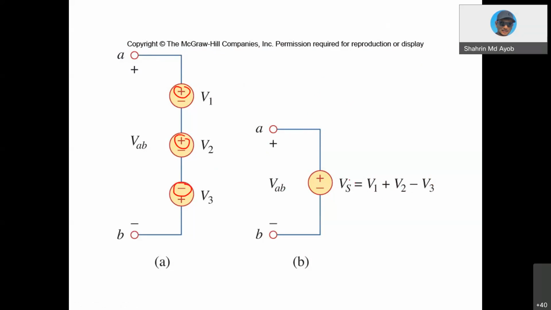So you can simplify this circuit by having only a single source using this formula: V1 plus V2 negative V3, because of this polarity. If you have a polarity like this, all are positive, so you just sum up. So you have a single source, which is V1 plus V2 plus V3.